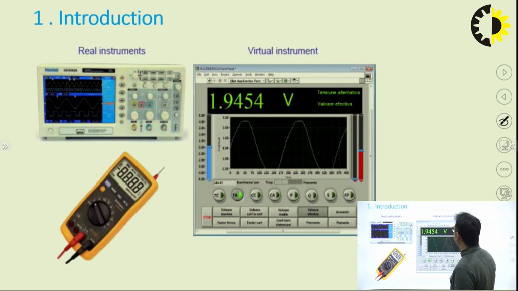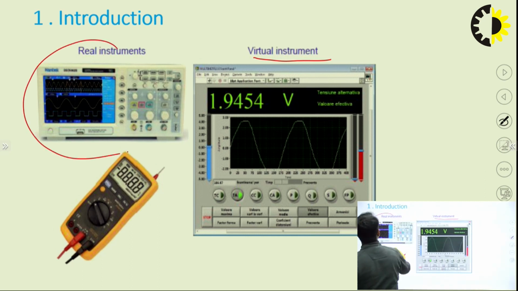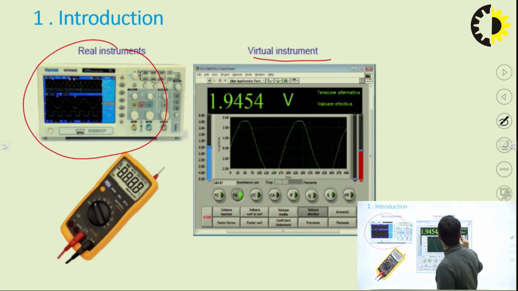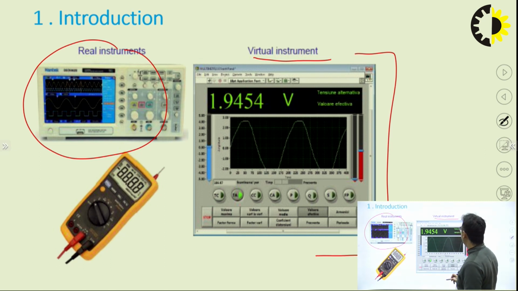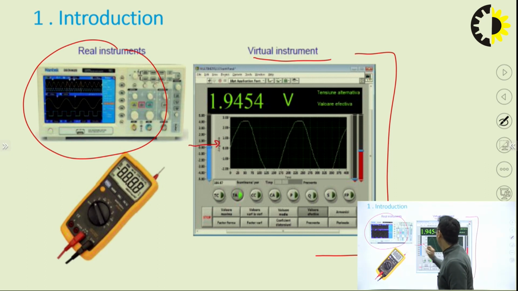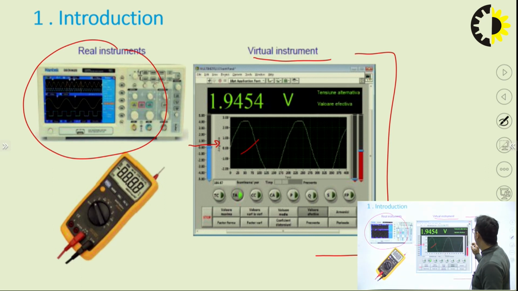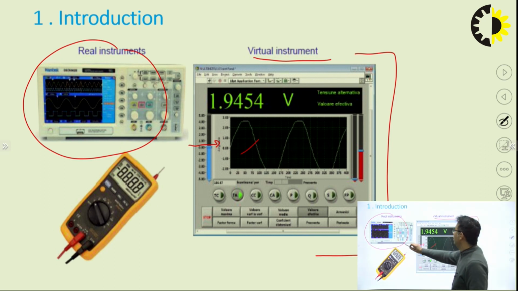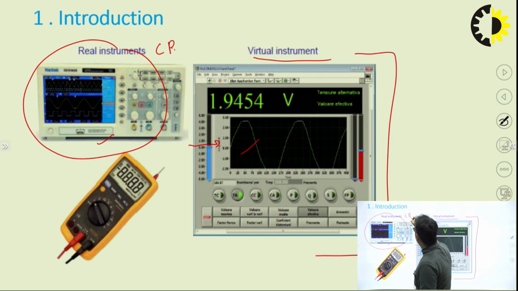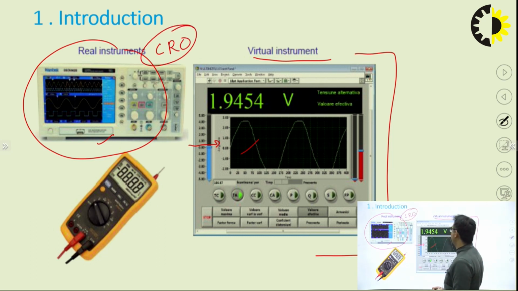Collectively, this is an example of virtual instrumentation, where this is our hardware based CRO, and the same function is being performed by using some software where this simulation is done, and we are obtaining the same waveform here, but this waveform exists virtually. We are using some software to generate the waveform, but here this is a physical instrument, that is CRO.